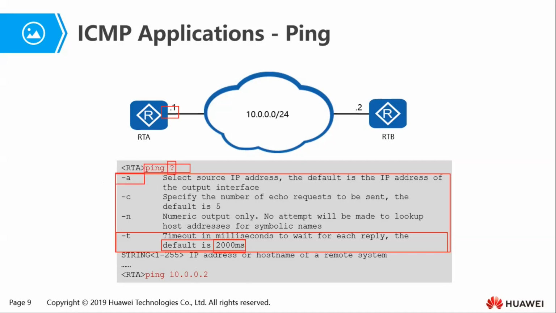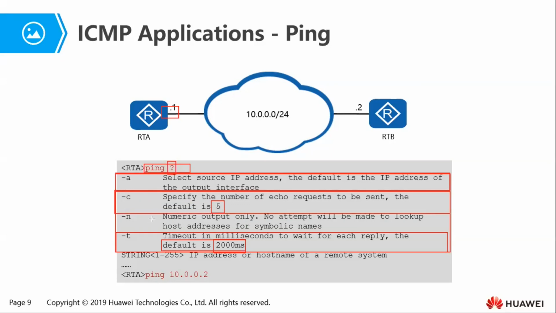The other option here, -A, is used to select the source IP address. You can be pinging from an interface with a certain IP address, but you might want to change that IP address so that you refer to a different one. When we look at routing, we can give this a try much later. By default, we normally send 5 requests. But if you want to send fewer requests, you can use the -C option.